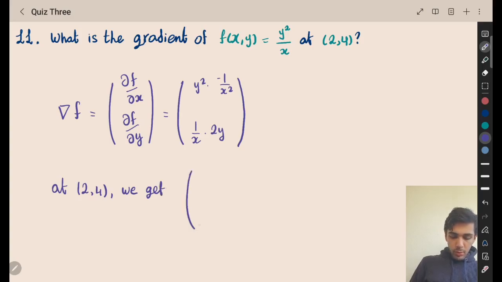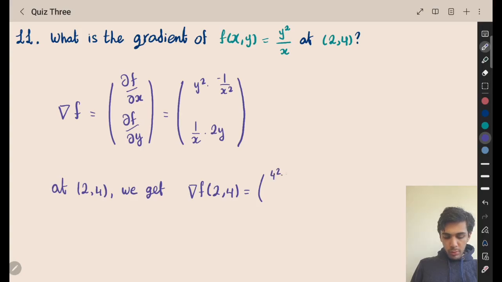If I do this, then we get the gradient, which is a function of two variables, is equal to 4 squared times minus 1 over 2 squared, and then 1 over 2 times 2 times 4. 4, that is minus 4. I hope that is correct. It is correct.